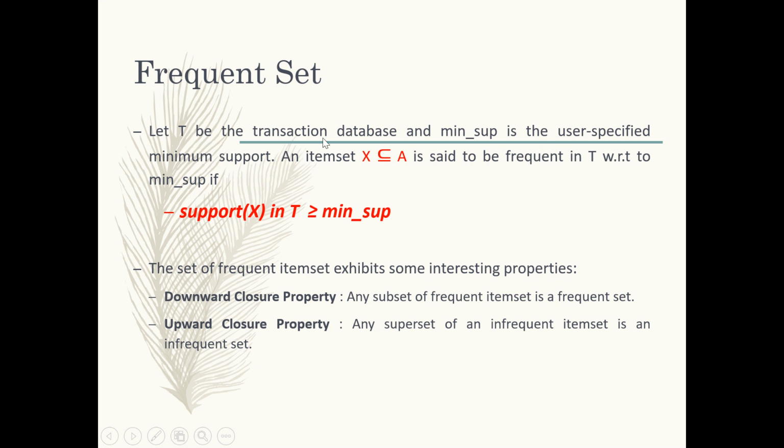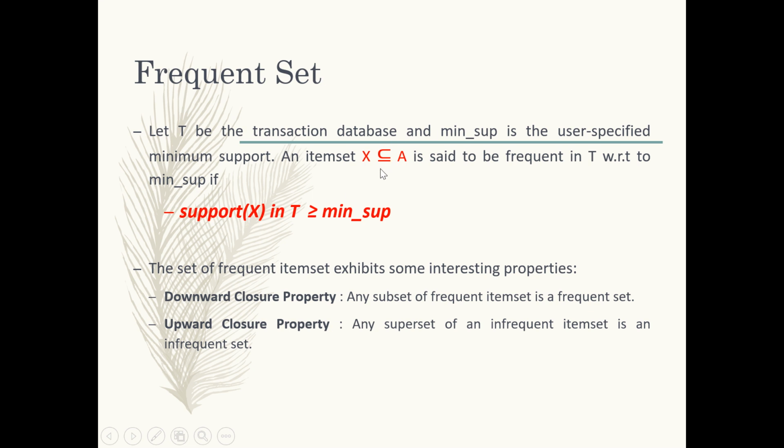When is an item set considered to be frequent? When the support of item set X in the transaction database, after you have calculated it, is greater than or equal to min sup, then we say that item set is a frequent item set.